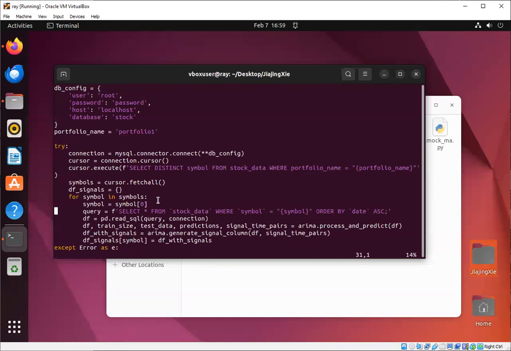If the signal in the DF signal is 1 and we have the cash, it will calculate how many shares we can buy and update the cash and the holding. If the signal is -1 and we have holdings, it will sell all the holdings at the current price and update the cash and the holding. It will calculate the total value, so cash plus the holding, after processing each signal.